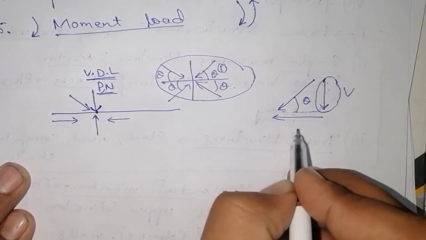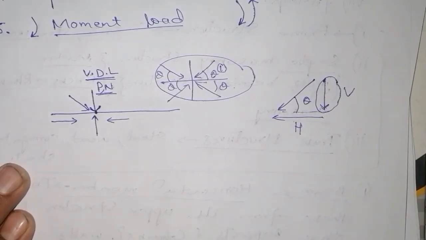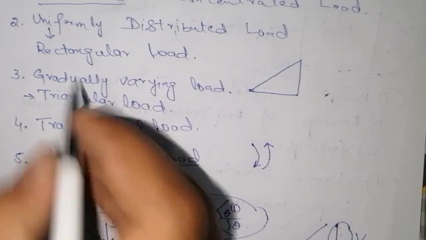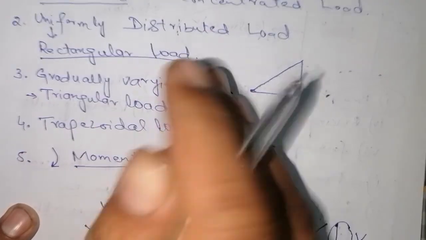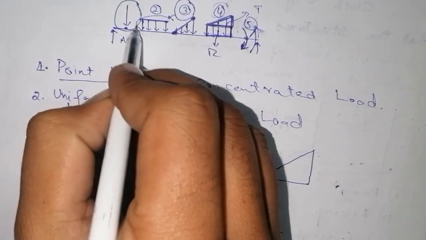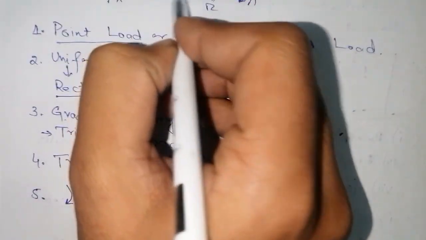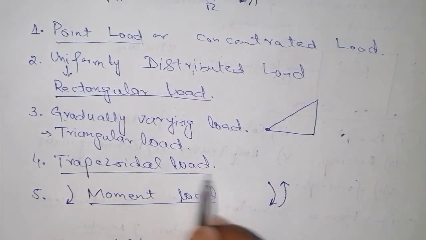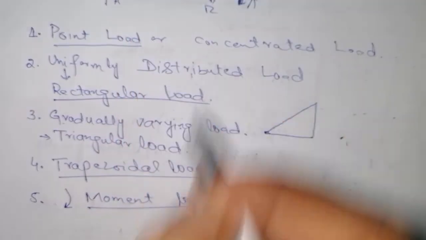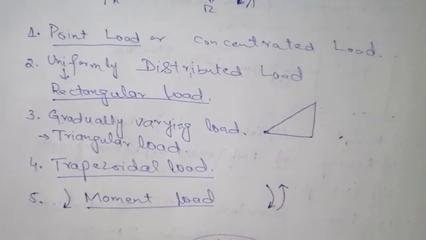One is vertical force and the other is horizontal force. This rectangular load is shown in this figure 2. Gradually varying load is shown in figure 3, trapezoidal load is shown in figure 4, and moment load is shown in figure 5. I have described all these loads according to their requirements.